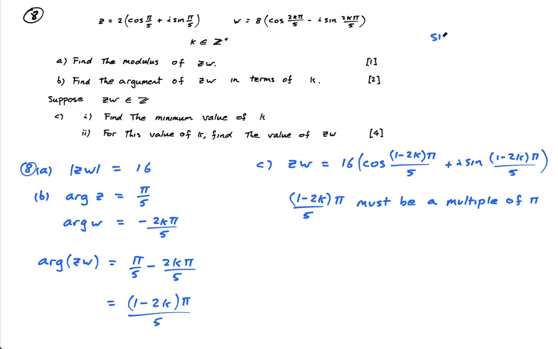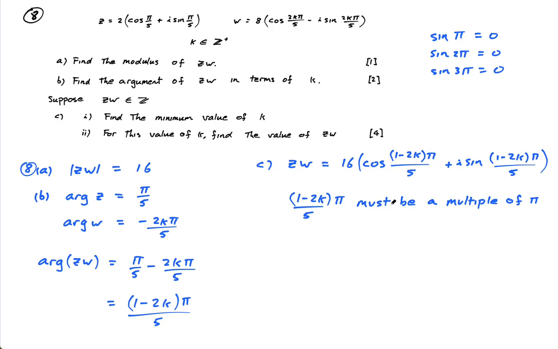And that is because if we want to get this to be 0, sine pi is 0, or sine 2 pi is 0, sine 3 pi is 0, etc. It could also be 0, but k has to be a positive integer, so you're not going to get a situation where k is 0, because the only way this could be 0 is k would be a half, which isn't allowed.